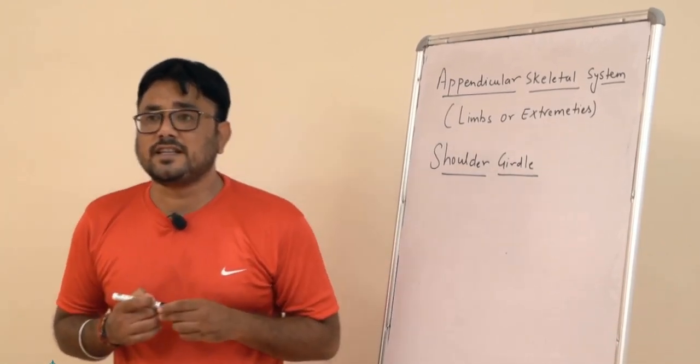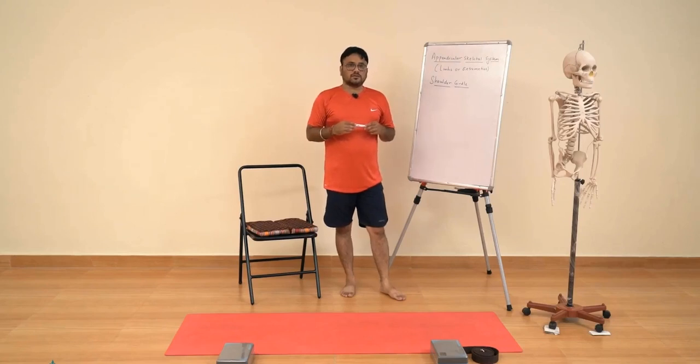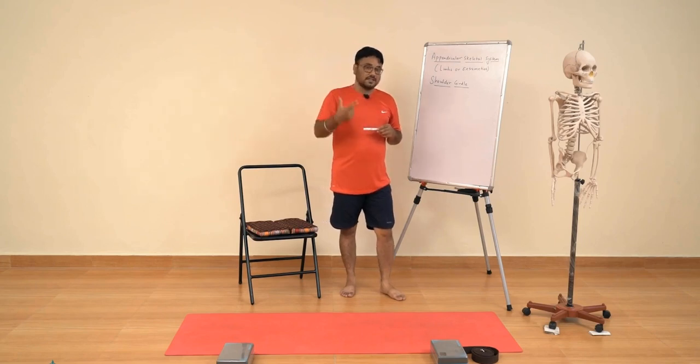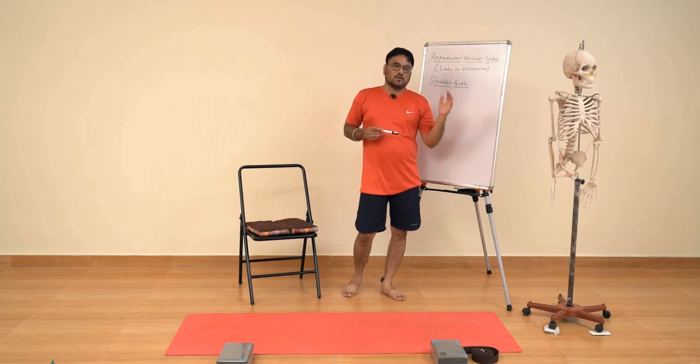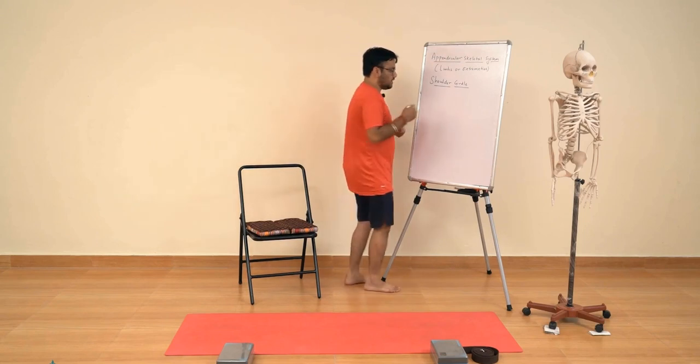Now the question arises: what are the different bones that form the shoulder girdle? In the upper body, the shoulder joint as you say in general, three bones combine together to form the shoulder girdle.